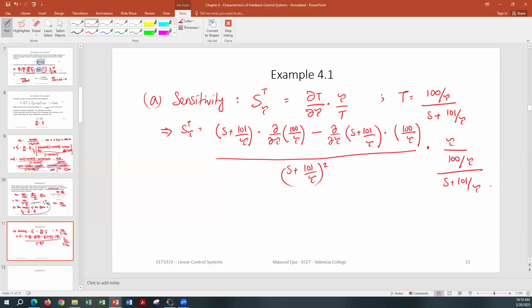So this is the expansion of the sensitivity expression.